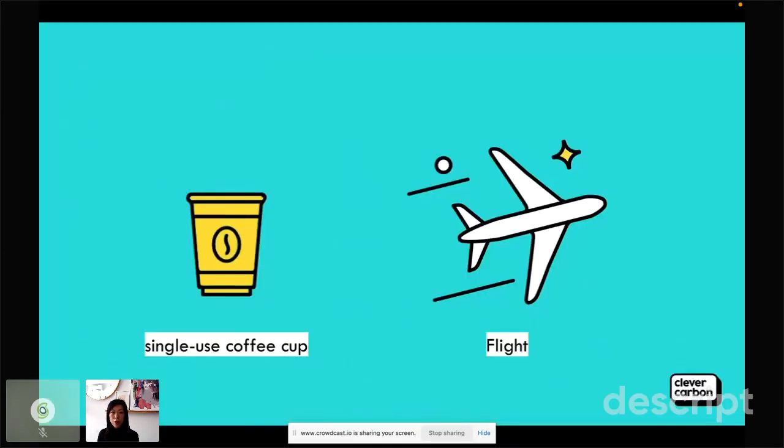I think carbon footprint is really important because today we don't really have an objective way of communicating just climate data and facts. For example, a single-use coffee cup and a flight.